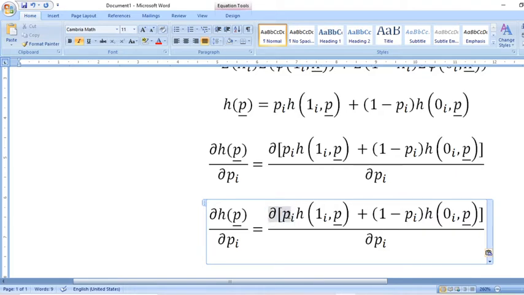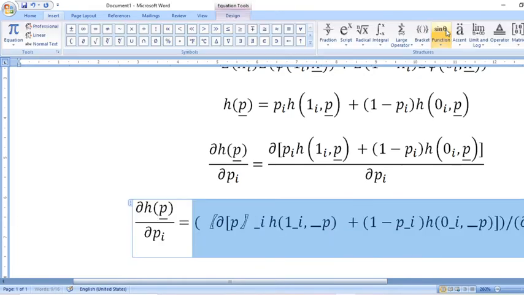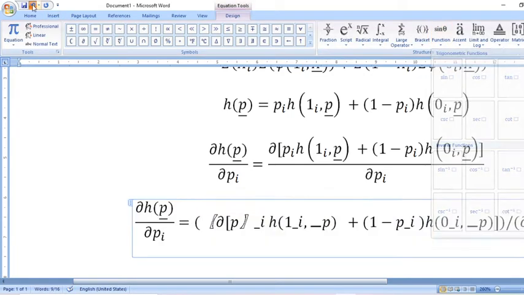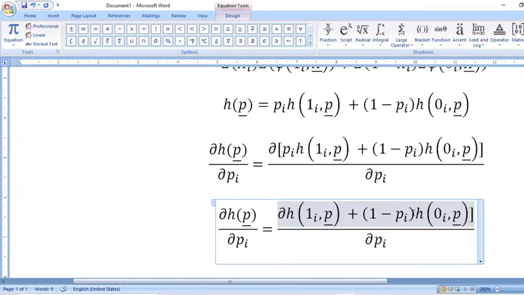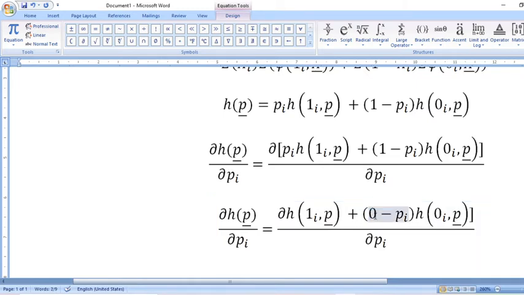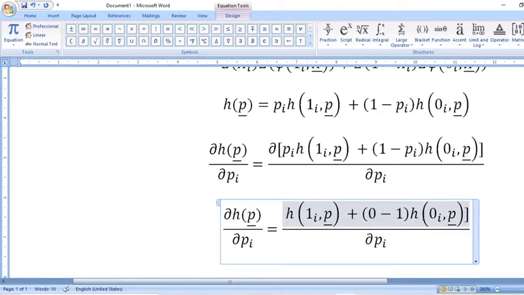If you differentiate this function with respect to pi, it will become just that, and in this case it will become 0, and 1.